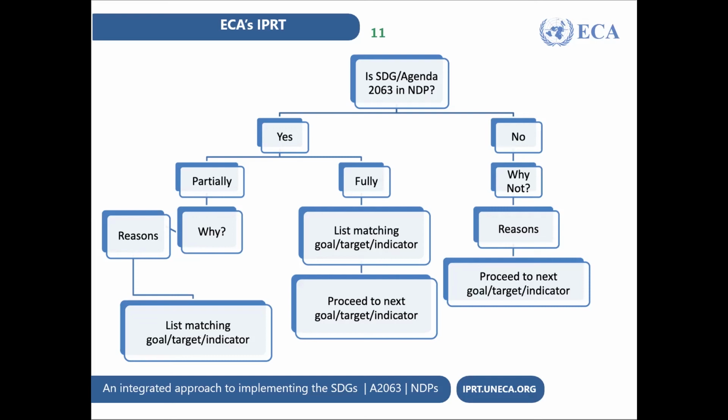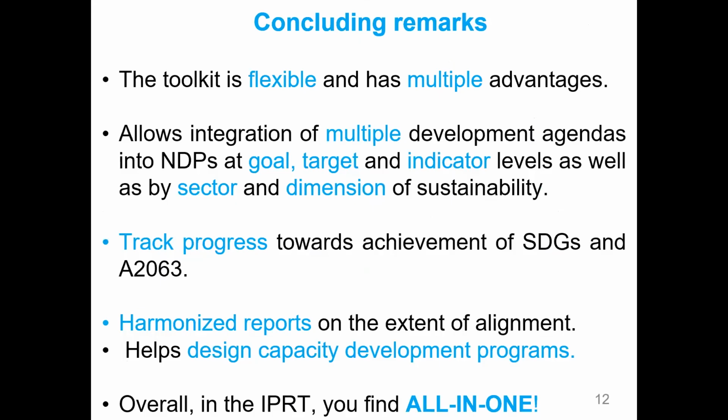Is it because of lack of skills, lack of data, or what? So that should be asked for each goal, for each target, and for each indicator. So, for example, we have 17 goals for SDGs, 169 targets, and 244 indicators. So for each of these, we need to ask each of these questions.